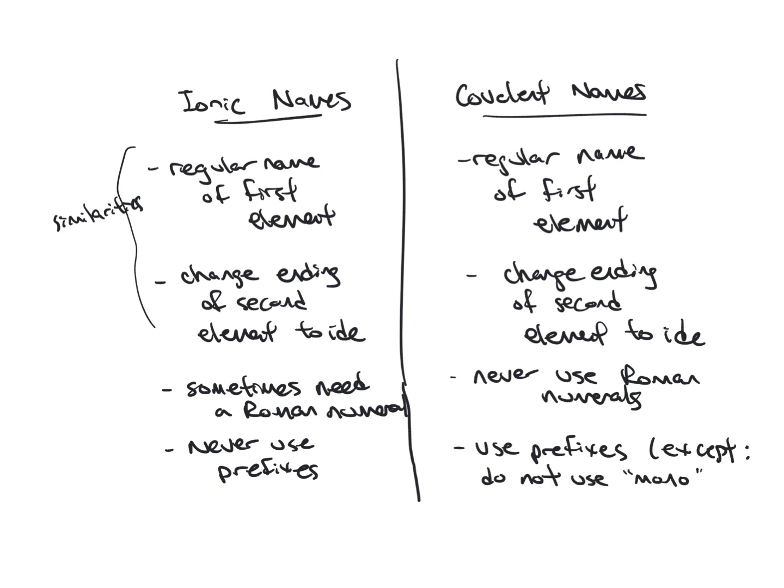That's the only one we skip. Okay, so those are the differences between naming ionic versus covalent.